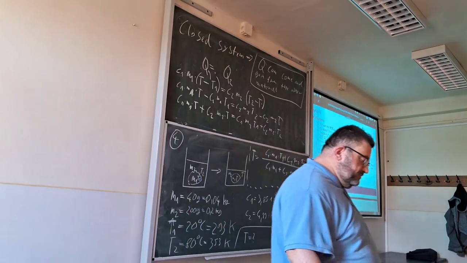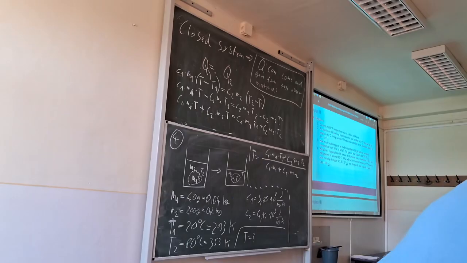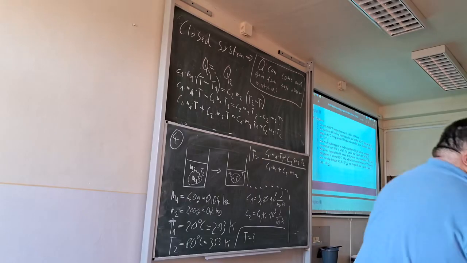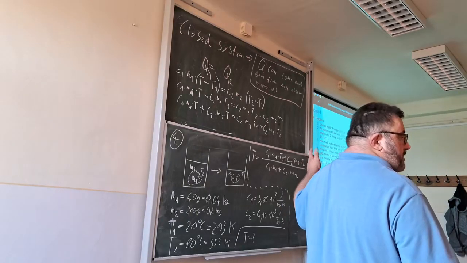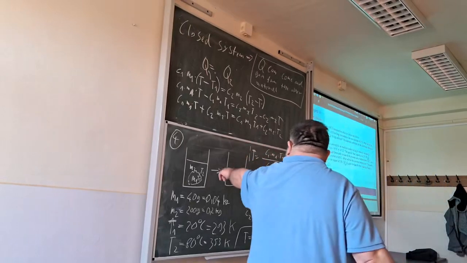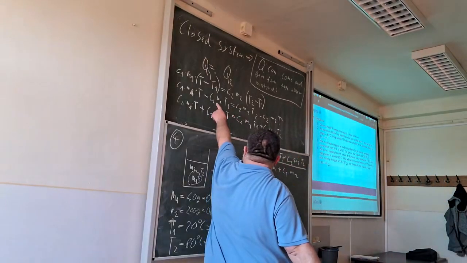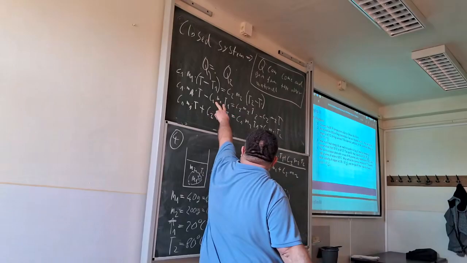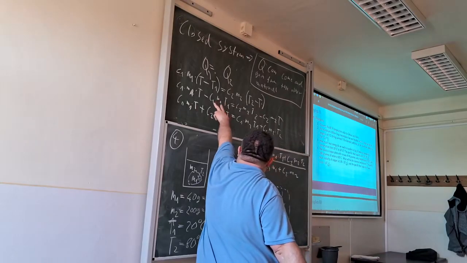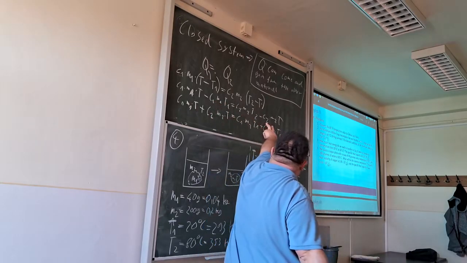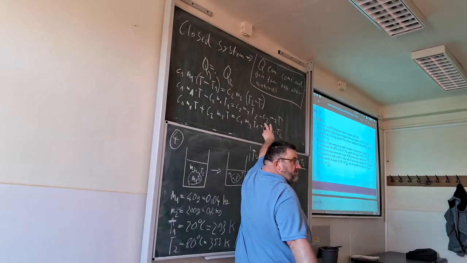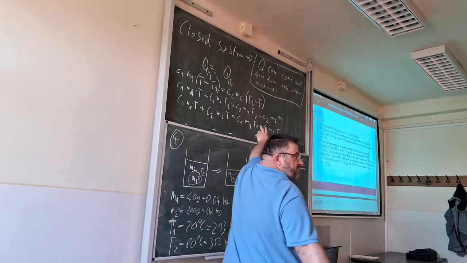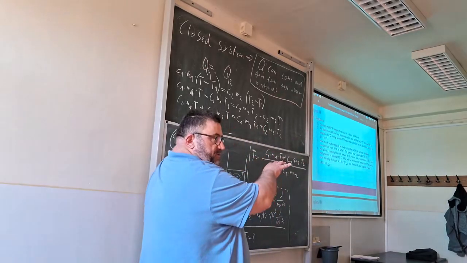Okay, you are right, but I don't want to use these absolute values. T will be between T1 and T2. Here T is higher than T2, so this is positive. And if I use this order, T2 minus T, this will also be positive. So the Q will be positive.